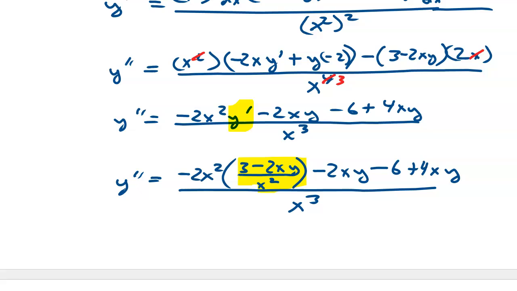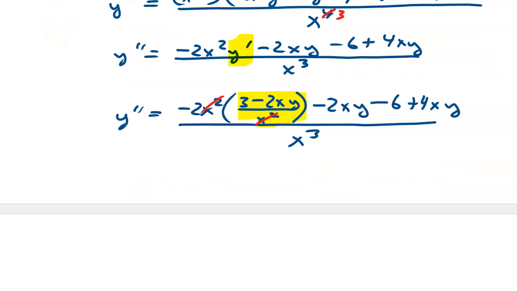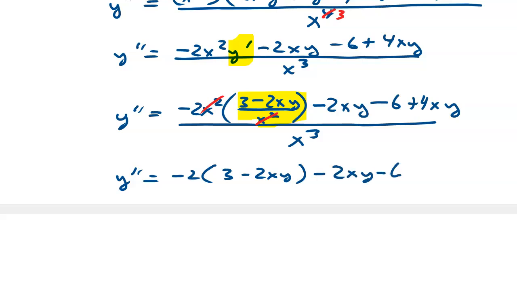All right, now note that we've got x squared here, x squared there, so they cancel. That's going to leave us with y double prime is equal to negative 2 times 3 minus 2xy minus 2xy minus 6 plus 4xy.